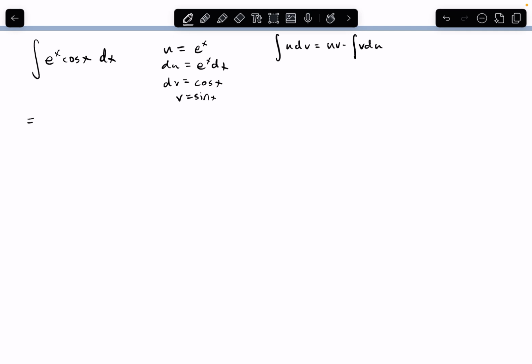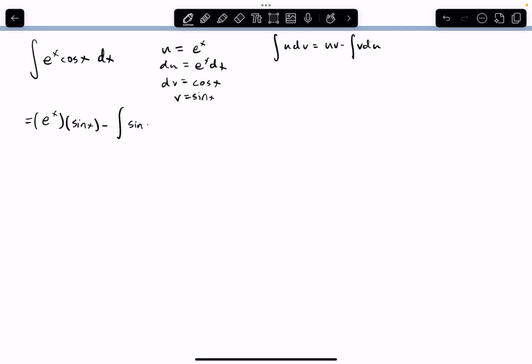So here we can apply this formula. This is going to be equal to our u, e to the x, times our v, sine x, minus the integral of sine x times e to the x dx, which is e to the x sine x minus the integral of e to the x sine x.